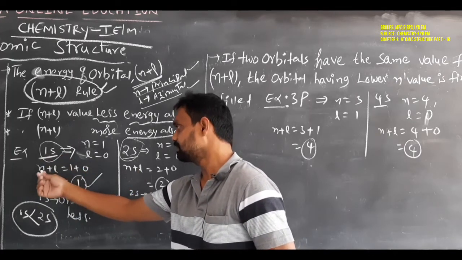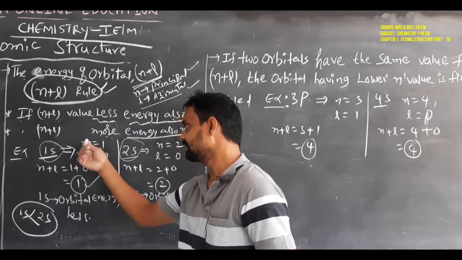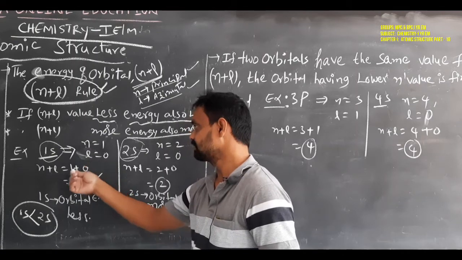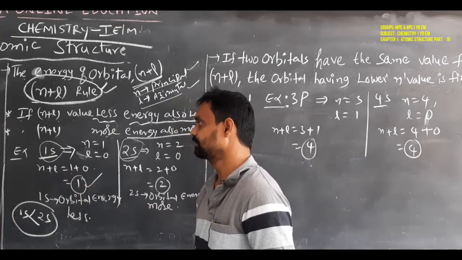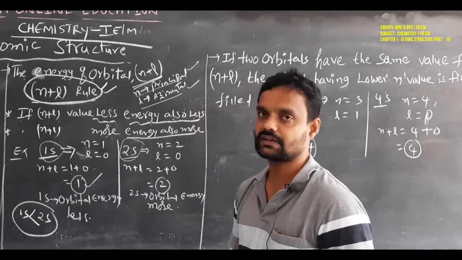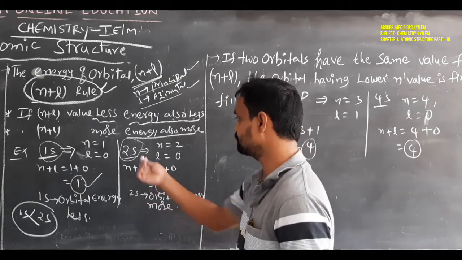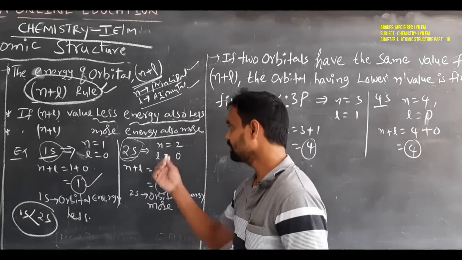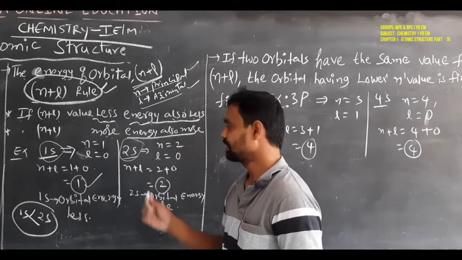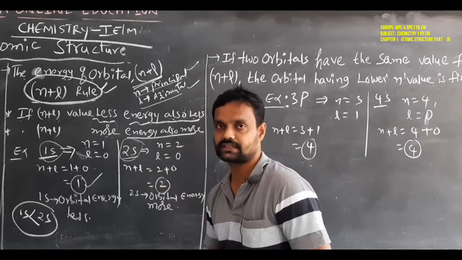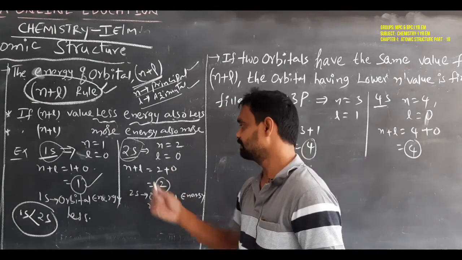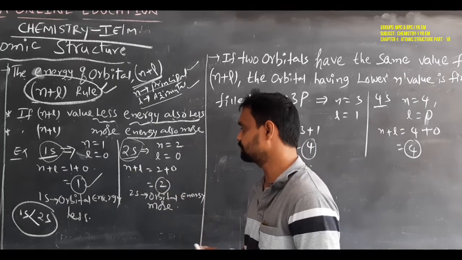So n plus l is 1 plus 0, which equals 1. Similarly, for the 2s orbital, n is 2 and l is 0, so n plus l is 2 plus 0, which equals 2.